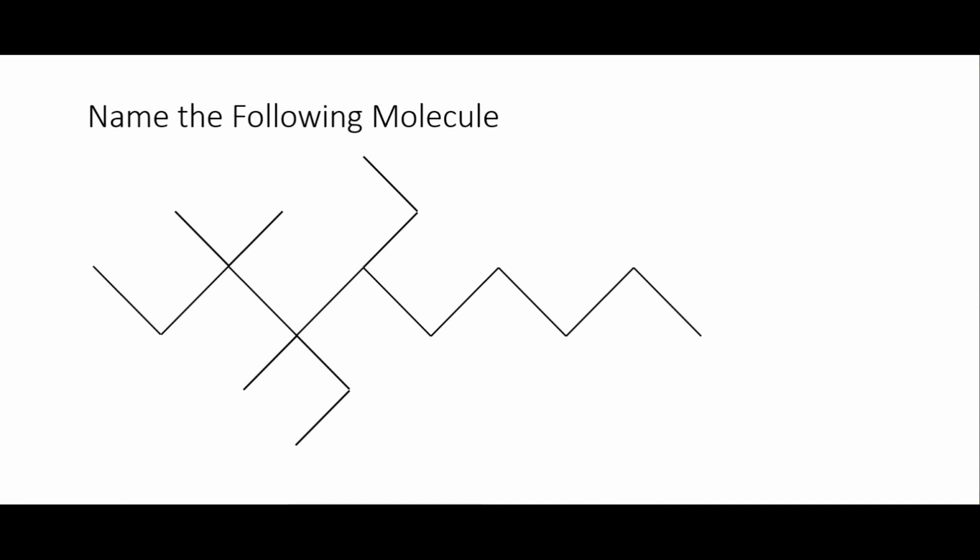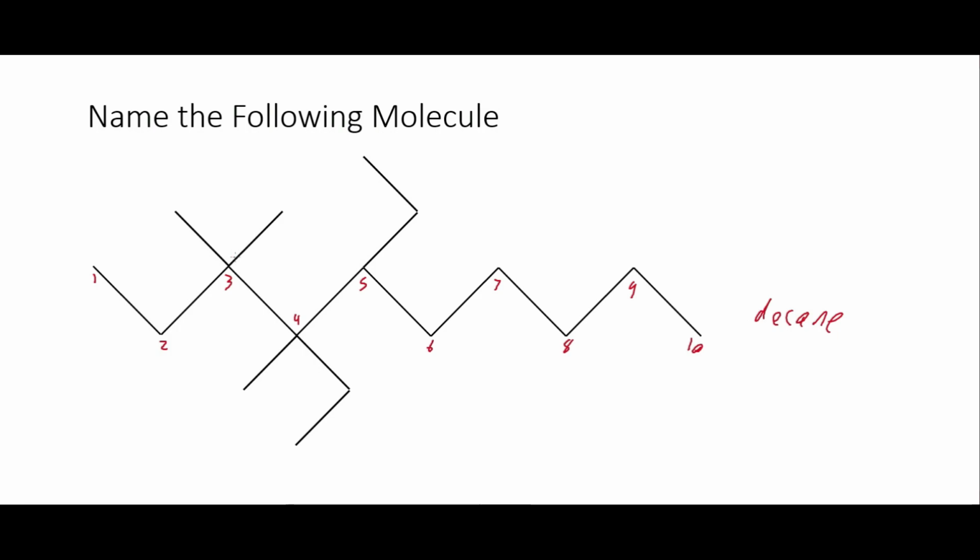But in this case, we want to count the carbons on our longest carbon chain. In this case, I did just put it in the nice zigzag, so we can do 1, 2, 3, 4, 5, 6, 7, 8, 9, 10. So we know it's going to be a decane backbone.